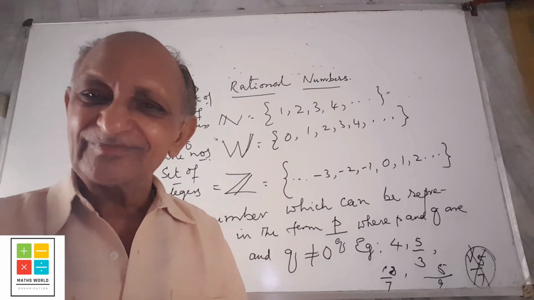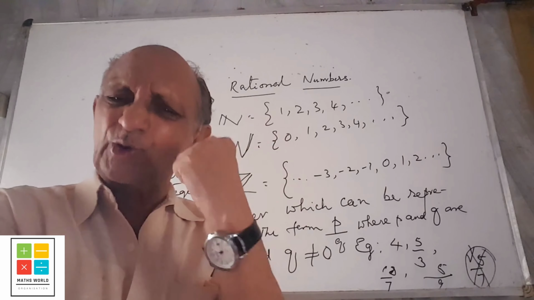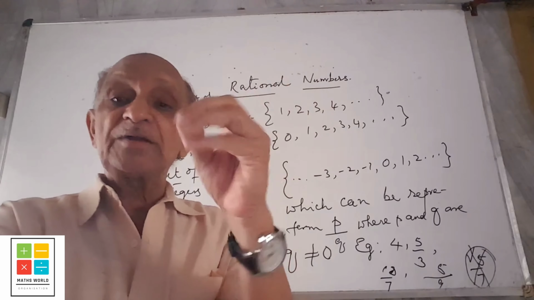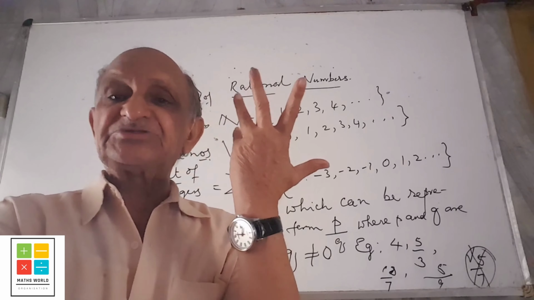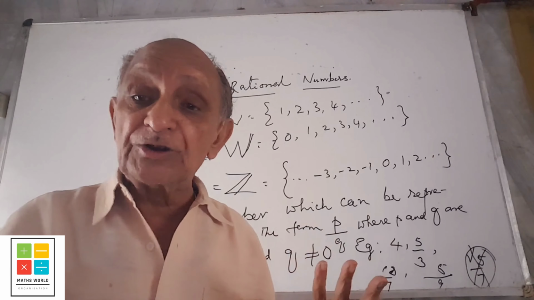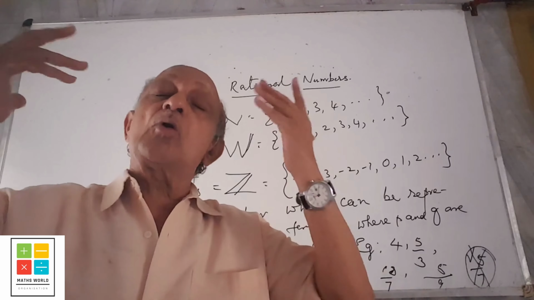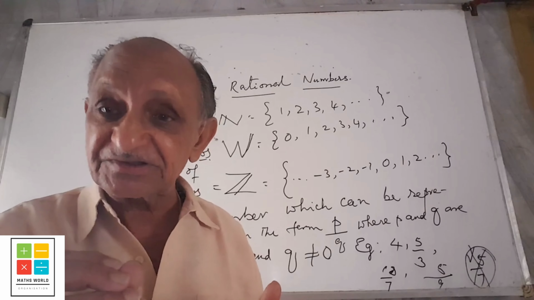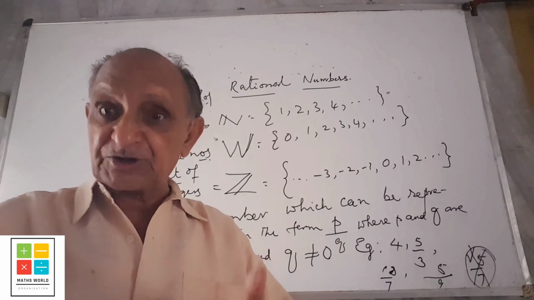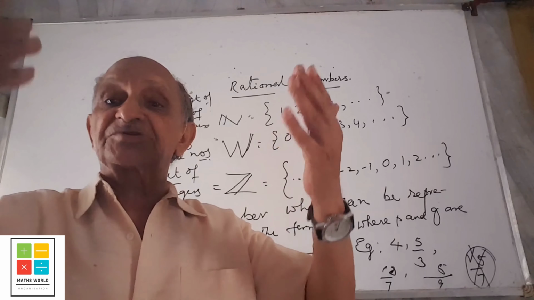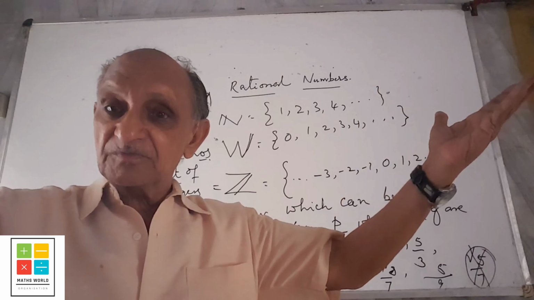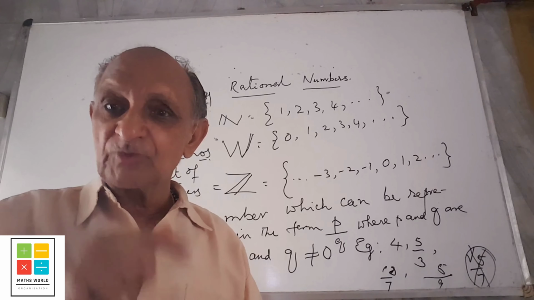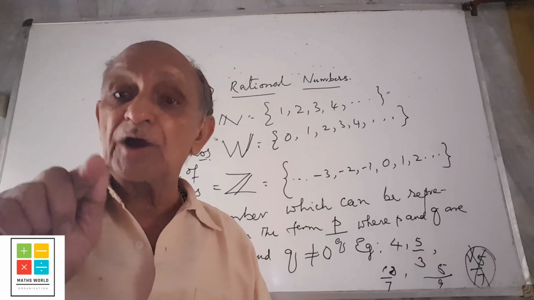Sir, everything is fine, but why not Q is equal to 0? Okay, we know 1 by 0 is infinity. What value it is, we don't know. It is so great. As the denominator decreases, the value of the fraction or rational number increases. 1 by 10 is .1. 1 by 100 is .01.